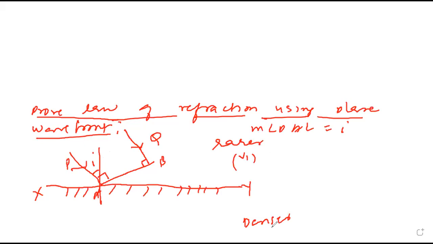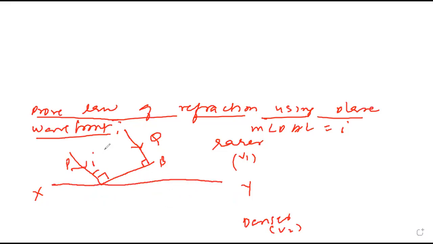At the instant the wavefront reaches A, it becomes a secondary source and sends secondary wavelets in all directions with the same velocity, but in the second medium because it is refraction.